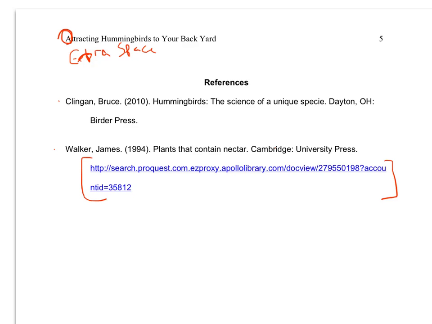If you get something from the university library, it is not a reference to a website. It is a reference to a book or a reference to an online database. And the only time you're going to provide that website is if that journal or whatever is available all the time through a website.